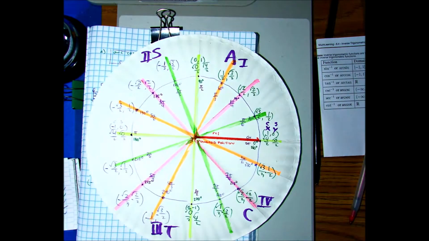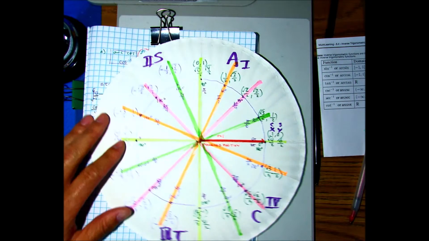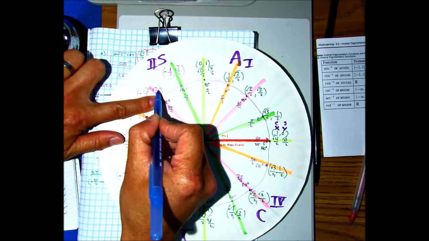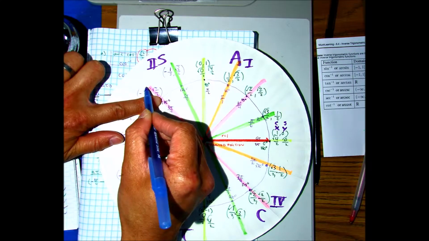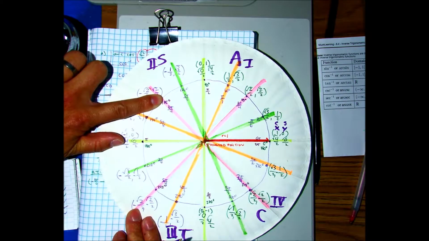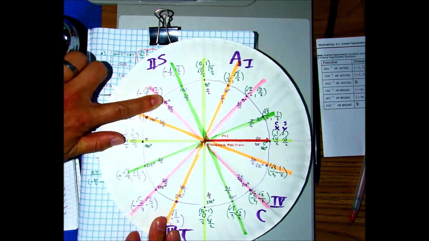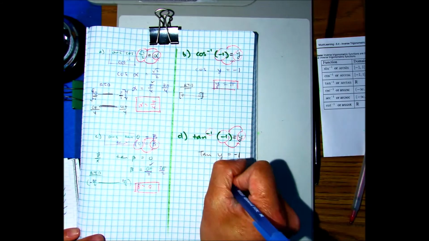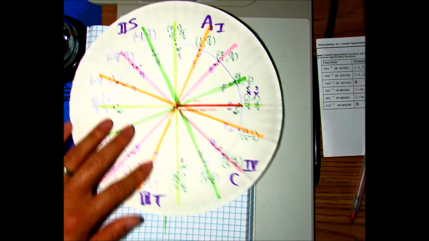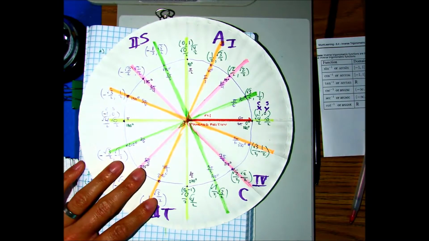Here's my trick, and then I'll explain why. If I do y over x, this would be a positive radical 2 over a negative radical 2. Something over itself is equal to -1. 3 pi over 4 can be your answer. And what's the other location? 7 pi over 4.